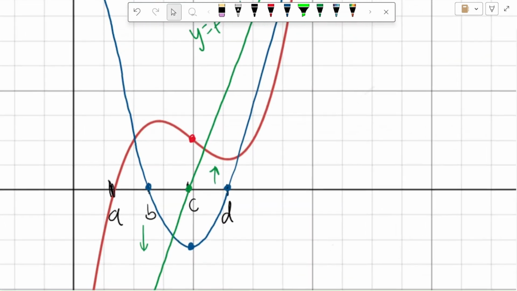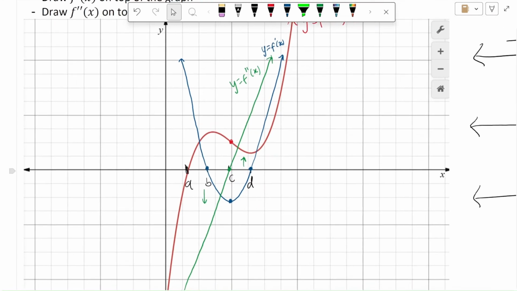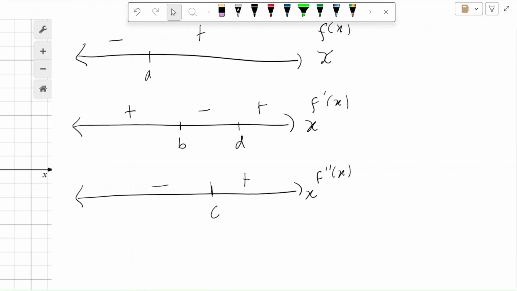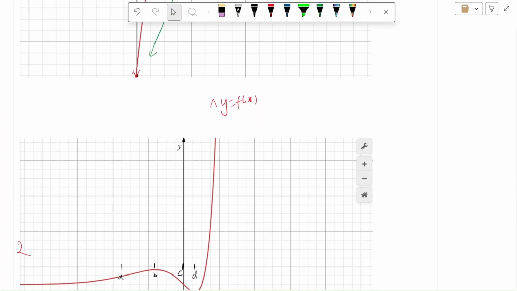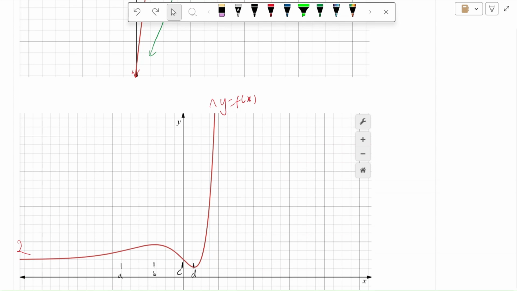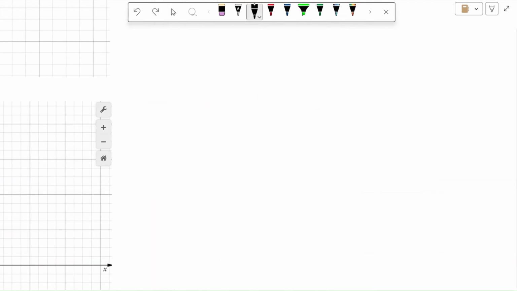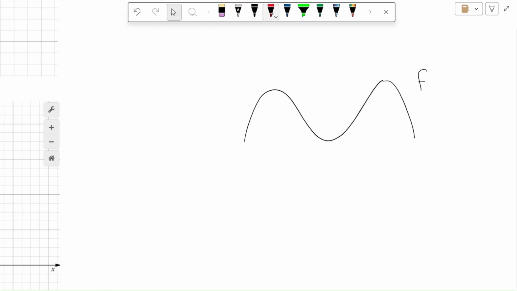Now, what I really want to point out as well is you can actually sort of cheese drawing derivatives by calculating the turning points, mapping those out. So if I had a function here, which was f, and I count that it has 1, 2, 3 turning points, I would expect f dash to only have 2 turning points, and I'd expect f double dash to only have 1 turning point.